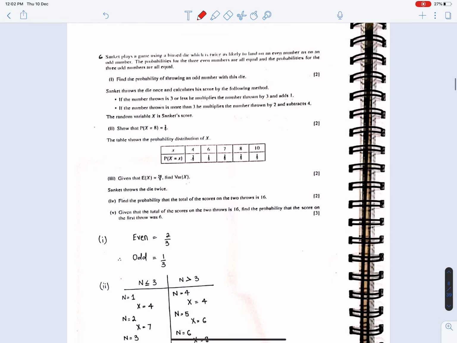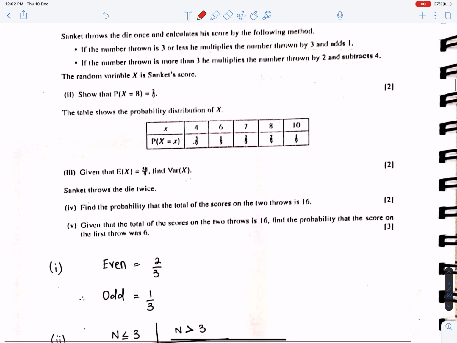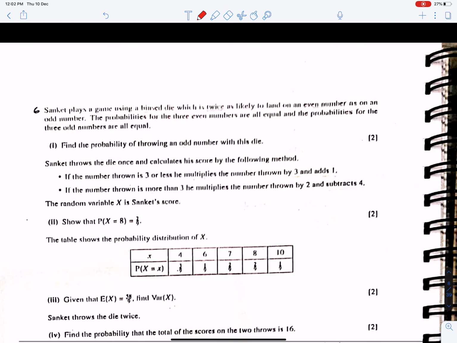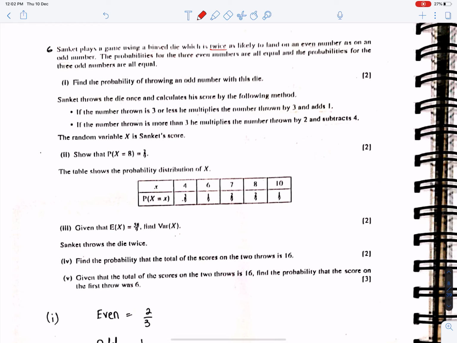The next question is 6. Sankit plays a game using a biased die which is twice as likely to land on an even number as on an odd number. Now this is very important.